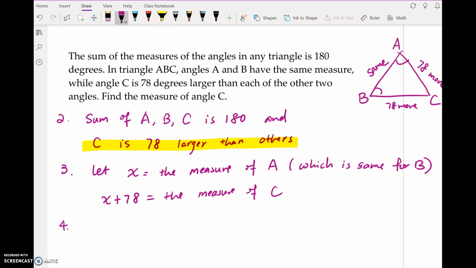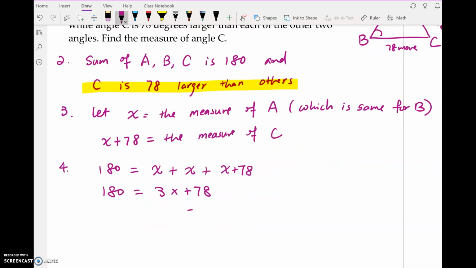By combining everything, my sum, which is 180, is going to be the A plus the B plus the C. So we got x equal to 34.